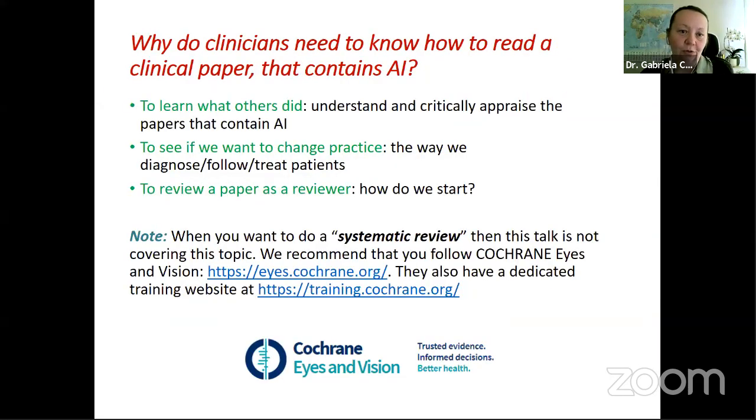So why do clinicians, ophthalmologists, need to know how to read a clinical paper that contains AI? There are three reasons. You need to understand the papers and to know how to clinically appraise them. You need to know whether a paper is suggesting that you need to change practice, for example, the way we diagnose, follow, or treat patients.